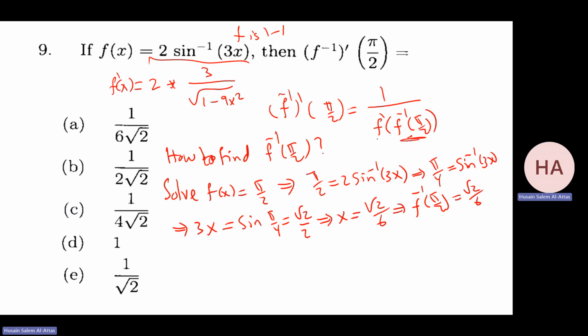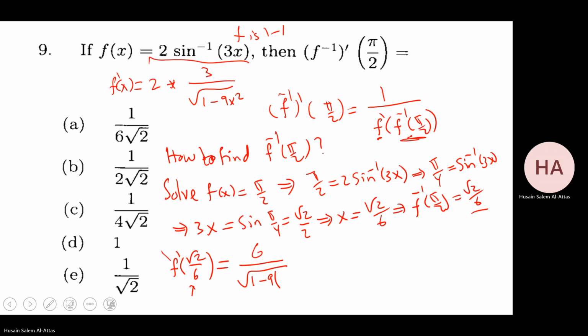So we plug it here. I need to find f prime at this. Since it's complicated, let me do it here. F prime at square root 2 over 6, just substitute there. I have 6 over square root of 1 minus 9 times the square of this, which is 2 over 36.